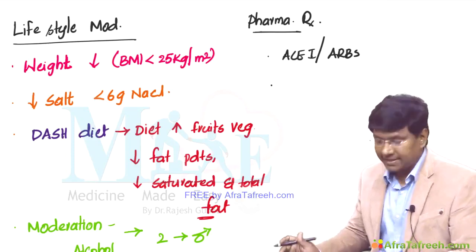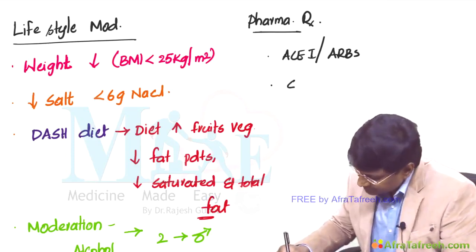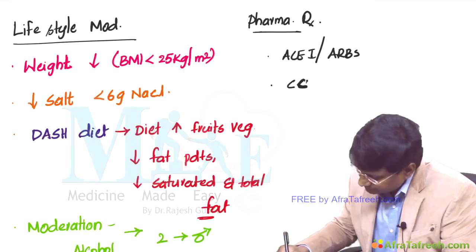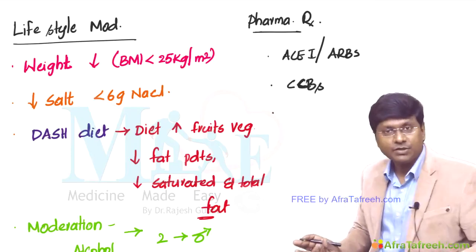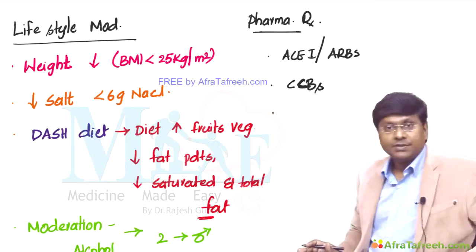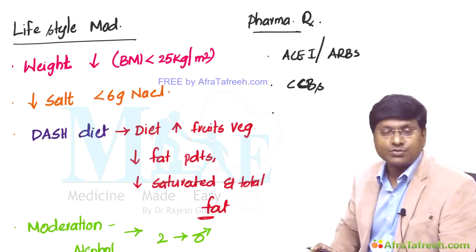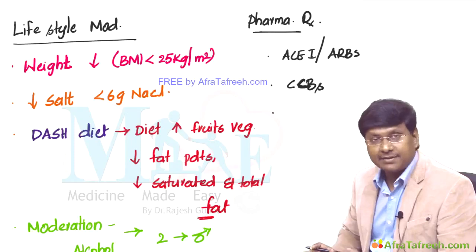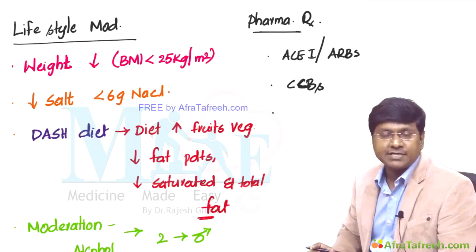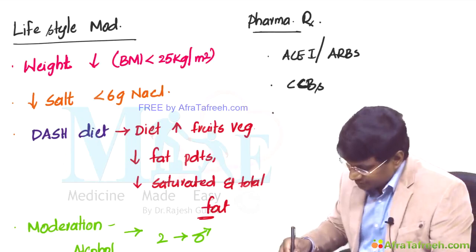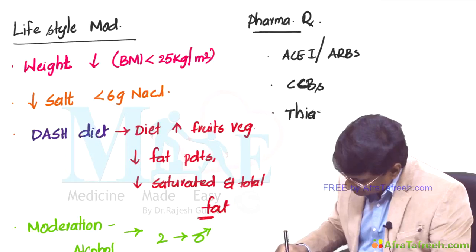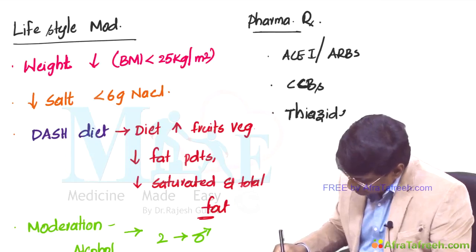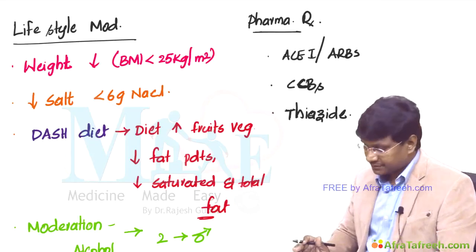Whereas in case of elderly individuals, you can start the calcium channel blockers. Next, the important group of drugs we have is the diuretics as well, and the group of diuretics used in the treatment of hypertension is thiazide diuretics.